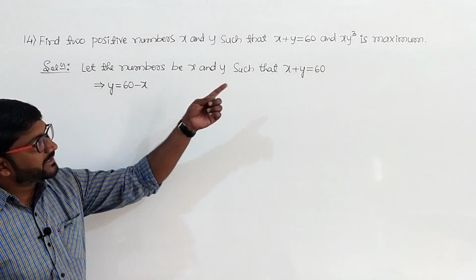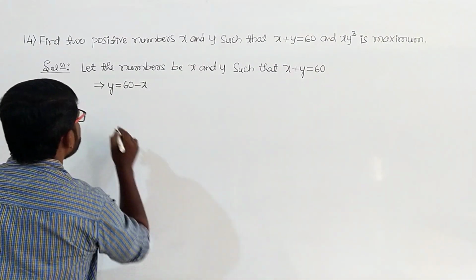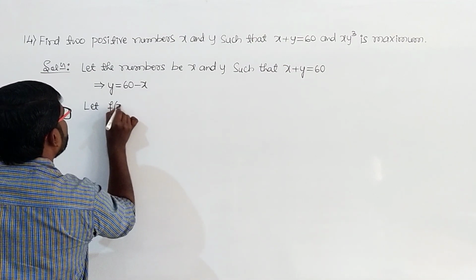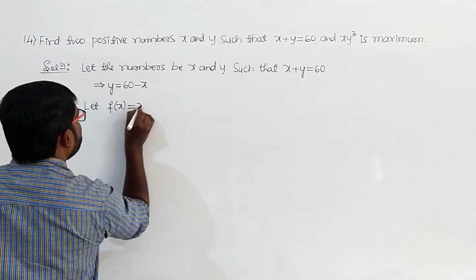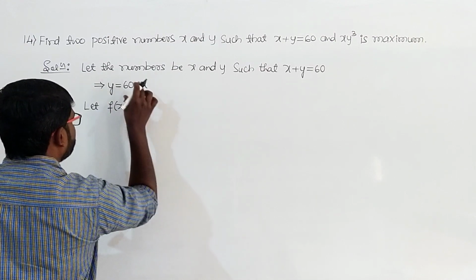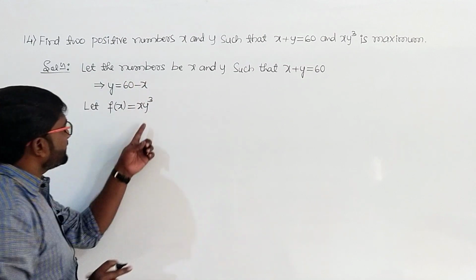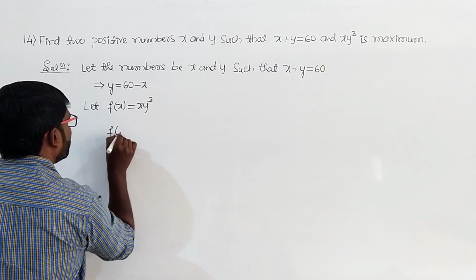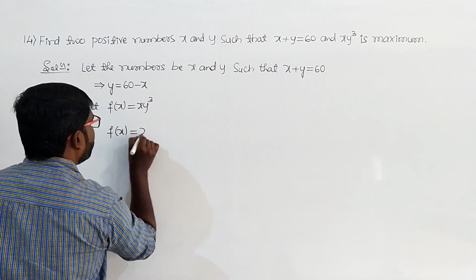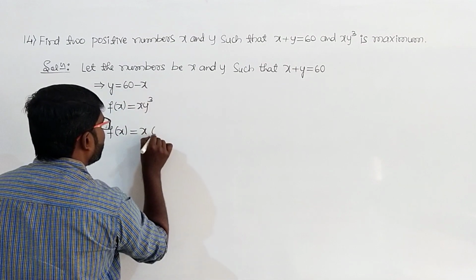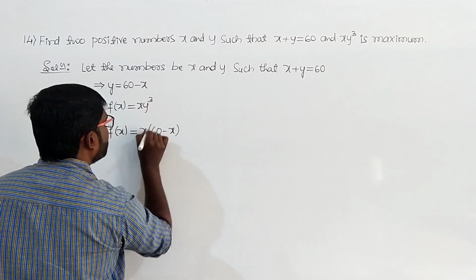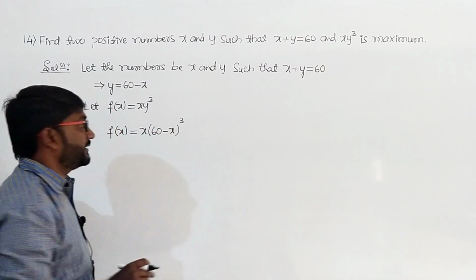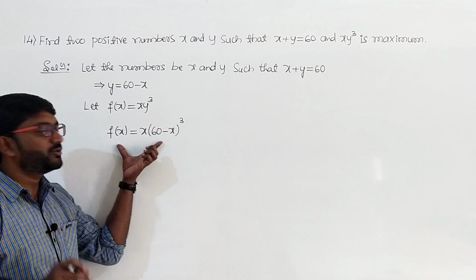So I will take x into y cube as f of x. Here let f of x equal to x into y cube. Now in this you can replace y by 60 minus x. So f of x equal to x into 60 minus x the whole cube. Now we can go for f dash of x, that means differentiate both sides with respect to x.